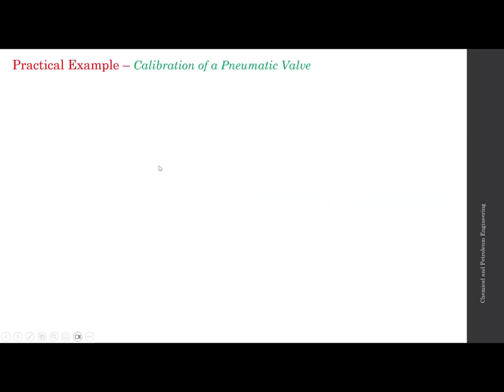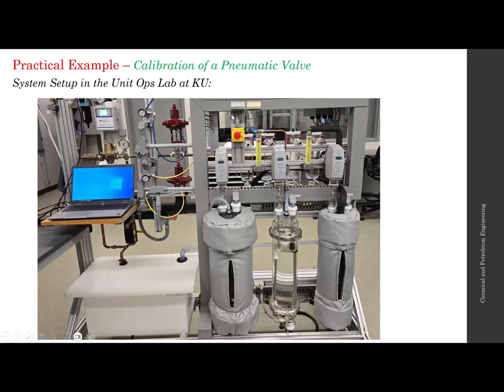Okay. Now, I want to bring a practical example of how we are using this fitting in research. This is related to calibration of a pneumatic valve. So basically, what we have in this system setup is two containers, as you can see here. In these two containers, they are packed with heating packages, so if you want to heat them up, then you can do that.